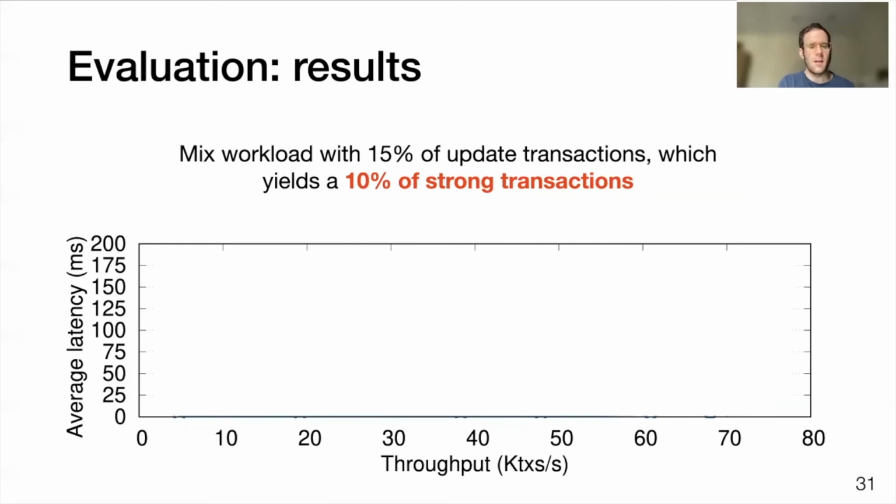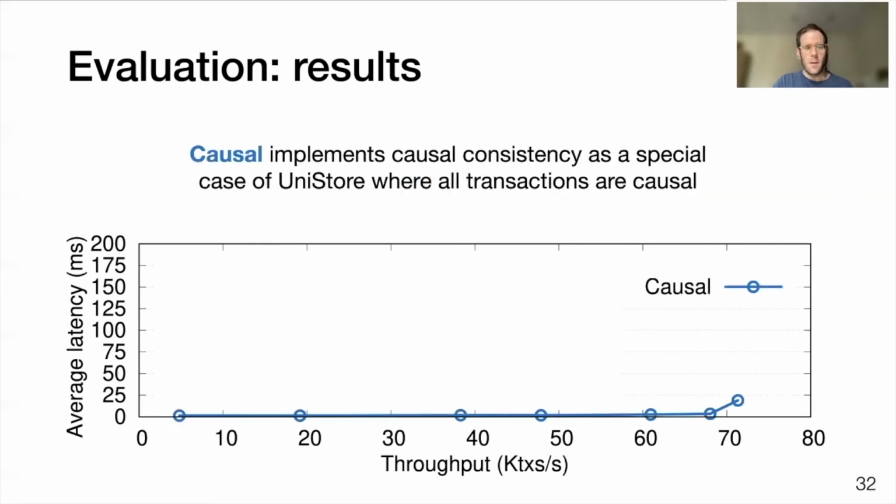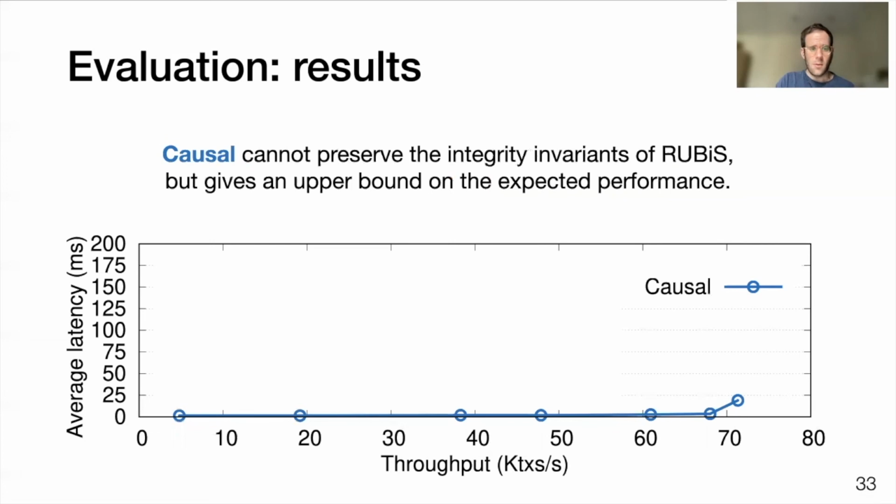So here we're going to see how throughput and average latency evolve as we increase the number of clients. And we're going to see the throughput and the average latency at their saturation point. So we compare against Causal. This is a baseline that implements causal consistency as a special case of UniStore, where all transactions are causal. So this baseline cannot implement RUBiS correctly, but it gives an upper bound on the expected performance.